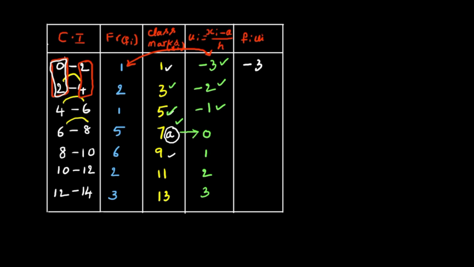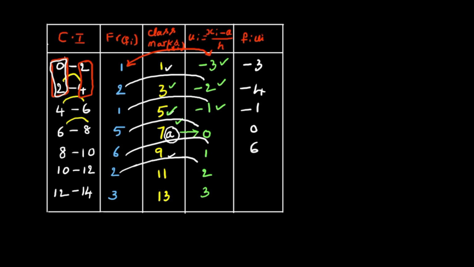The next one, 2 into 2, 2 2s are 4, that is minus 4. So next 1 into 1 is 1, but it is minus 1, and 5 zeros are 0, 6 ones are 6, 2 2s are 4, and 3 3s are equal to 9.